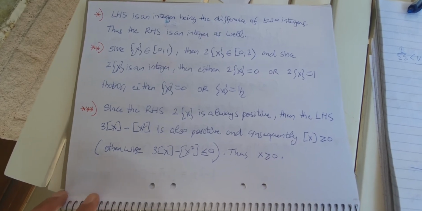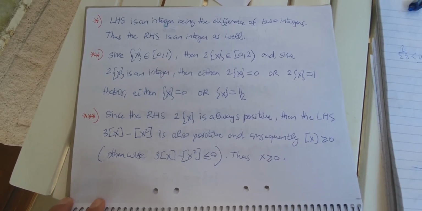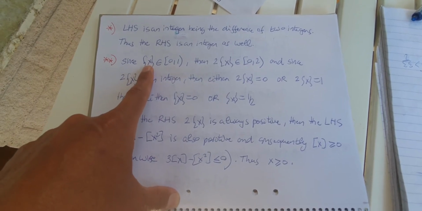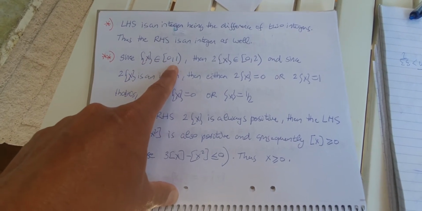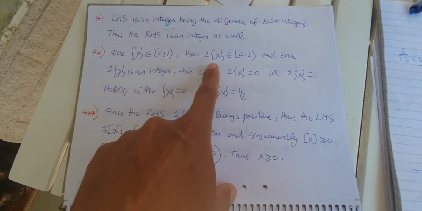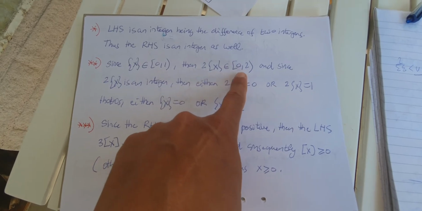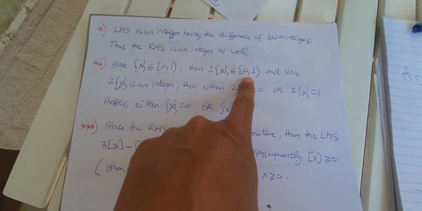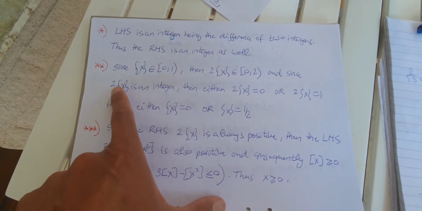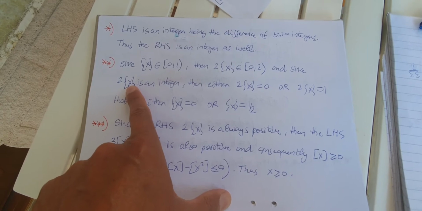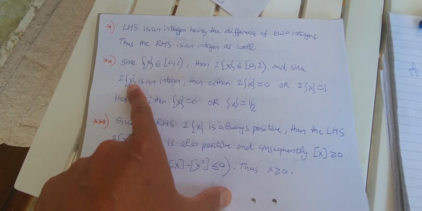So we know now that the right-hand side is an integer, and since the fractional part always belongs to that interval, then 2 times this fractional part belongs to the semi-open interval 0, 2. But we know that 2 times the fractional part of x is an integer, being the right-hand side of the equation.